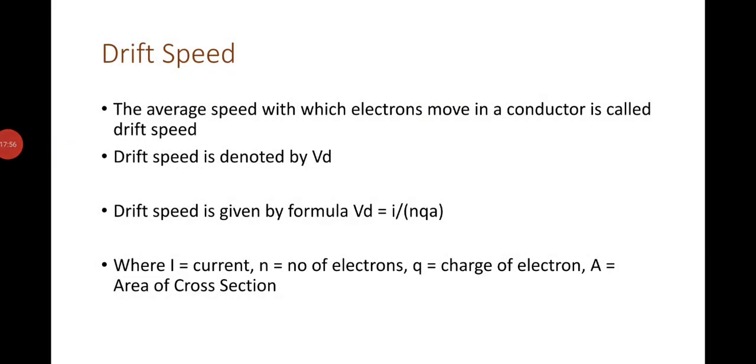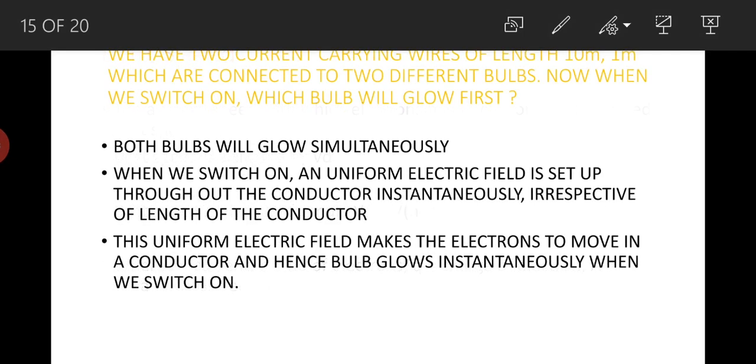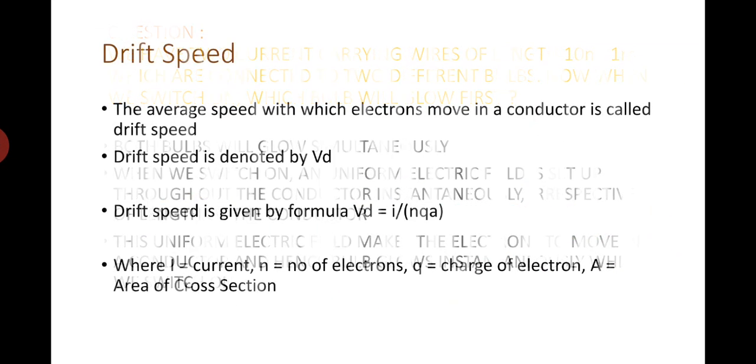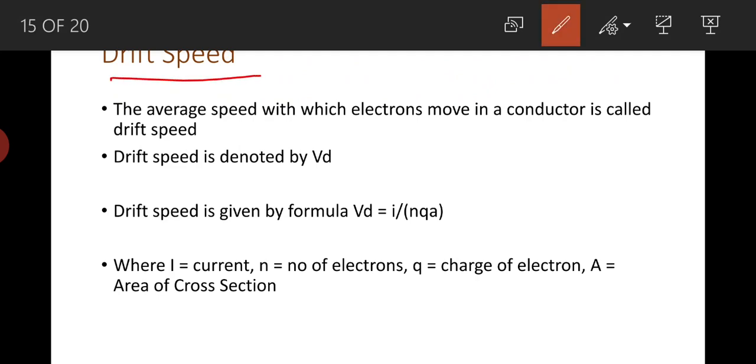Next topic is drift speed. Drift speed is nothing but the average speed with which electrons move in a conductor. Till now we have seen that current is nothing but movement of the electrons in a conductor in a specified direction. From the previous discussion, it is clear that when we connect any conductor to a battery, electrons will move in that conductor from one place to another.